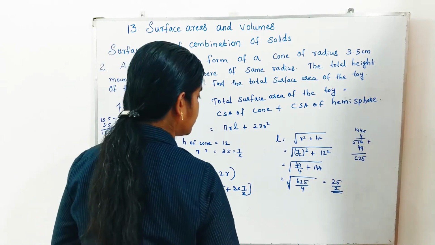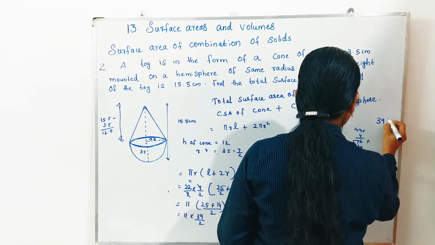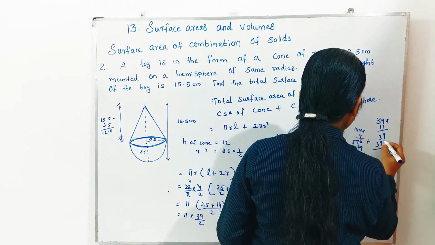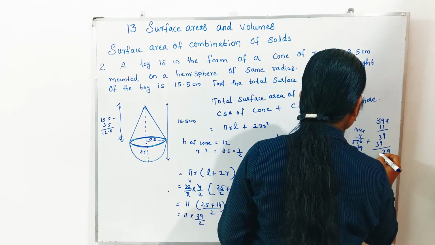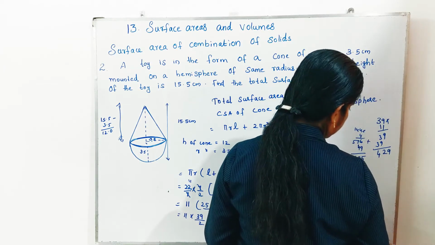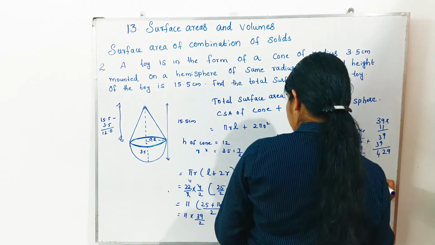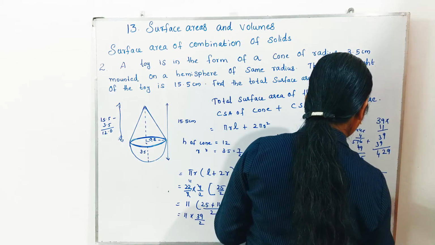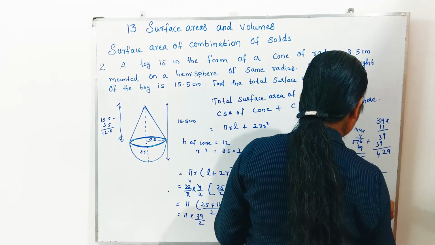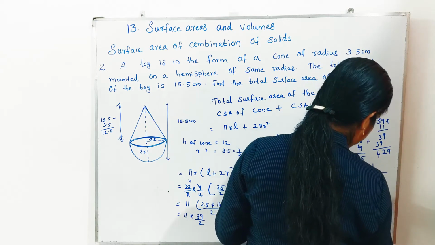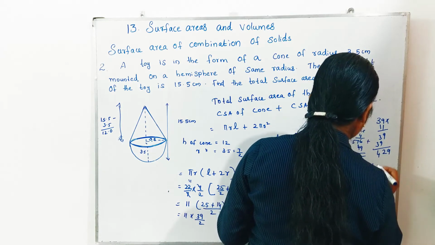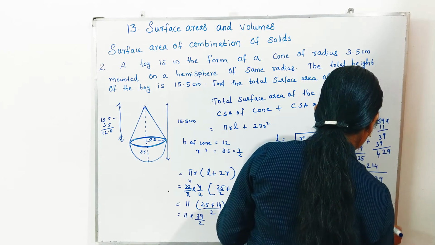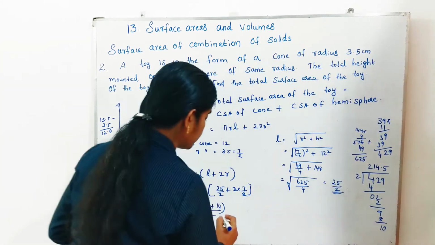We can do 39 into 11, that is 429. 429 divided by 2 is 214.5.